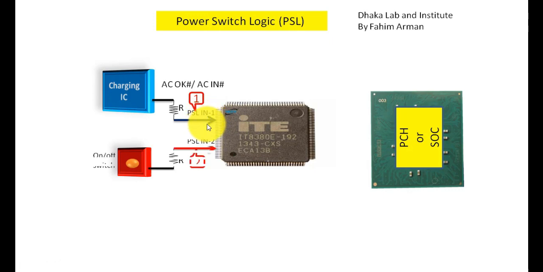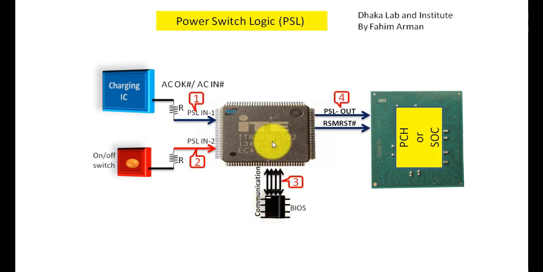On the other hand, there will be another signal that comes after pressing the on off switch, and this signal will come by a resistor 2, and after this resistor there will be 3.3 volt, and this PSL in 2 will be high, and that will enter into the IO chip, and there will actually be communication with BIOS. If the communication is successful, then there will be a PSL out signal and an RSM RST hash signal. These signals will be low.